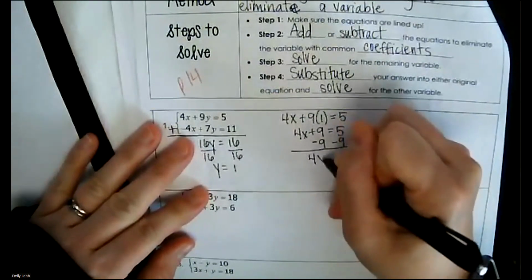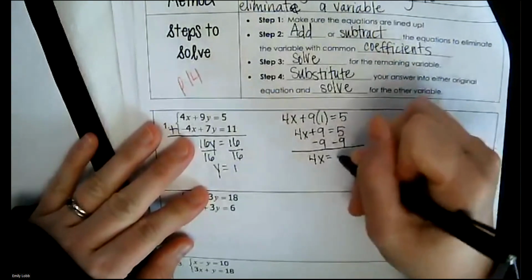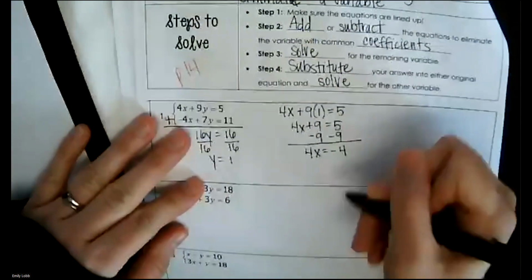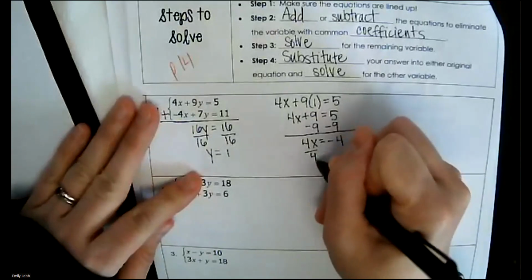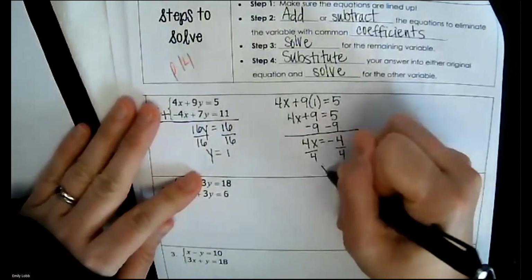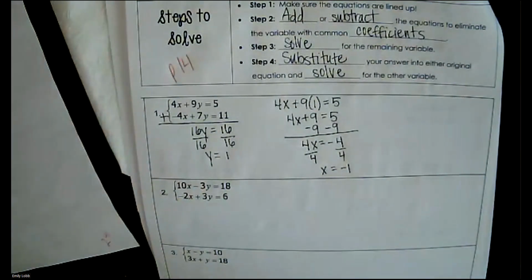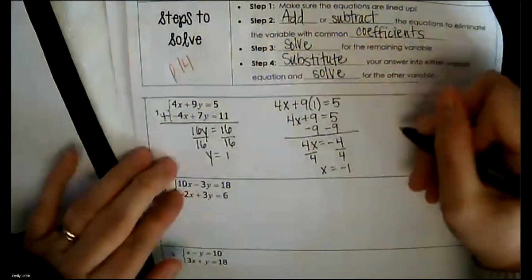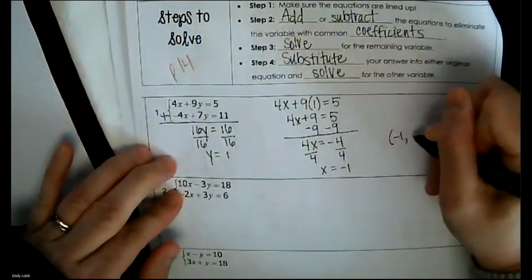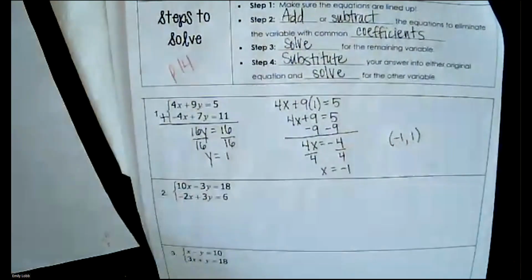So we have 4x is equal to -4. When I divide both sides by 4, x is equal to -1. Then the last thing we have to be careful with is how we write it. Make sure we're putting our x value and then our y value. Okay.